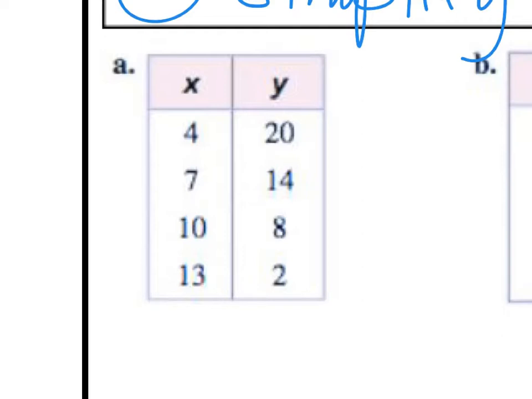All right, change in y and change in x. You need both. They're not always going to be the same, and that's okay and normal.